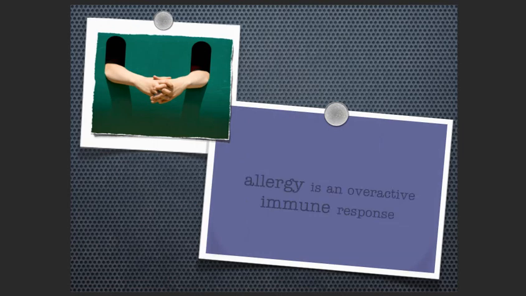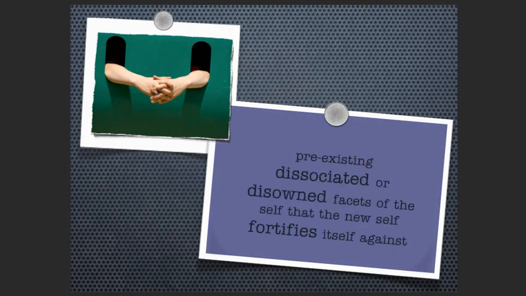The very definition of an allergy is an overactive immune response, a preemptive assault and rejection of invading foreign substances, which in this case are pre-existing dissociated or disowned facets of the self that the new self fortifies itself against.